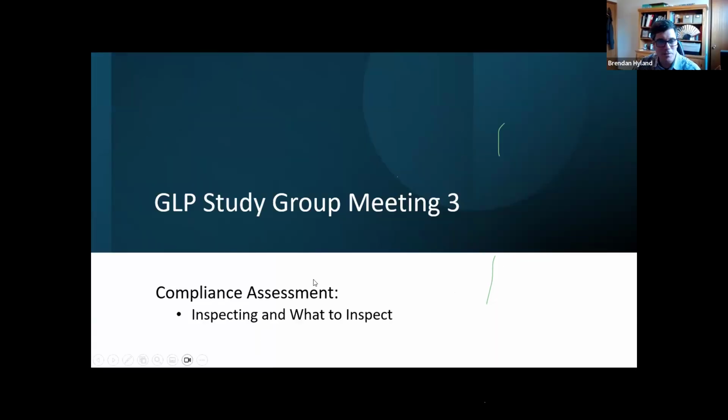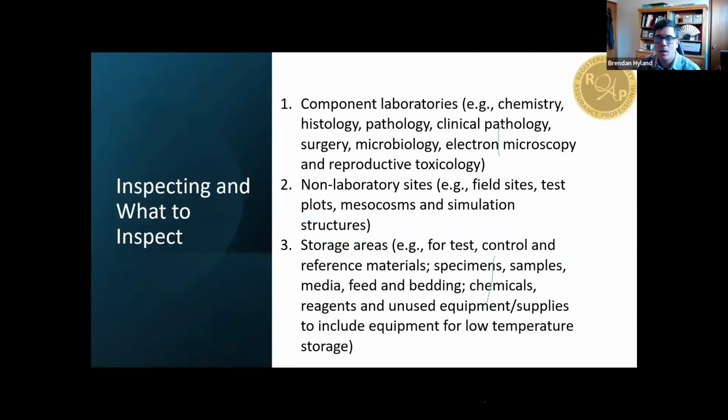Okay, so let's go on to our topic for today, compliance assessment, inspecting, and what to inspect. So what do we inspect? Number one, component laboratories. So chemistry, histology, pathology labs, clinical pathology, surgery, microbiology, electron microscopy, and reproductive toxicology.